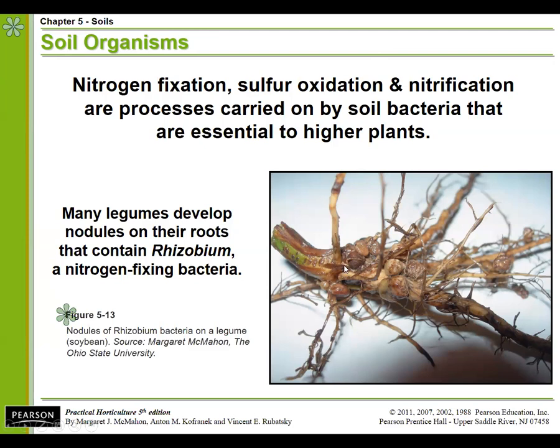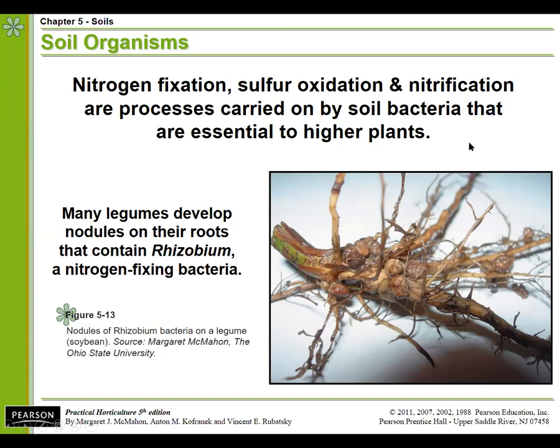If you remember from chapter 2, that mutualistic relationship, symbiosis, these nodules in these roots contain this rhizobium bacteria that are able to pull nitrogen out of the atmosphere, out of the air, and put them into the soil, put them into the plants. There are also bacteria that do it for sulfur as well.